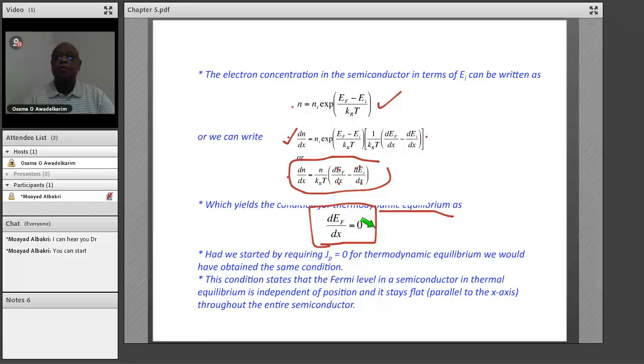In other words, the Fermi level in a semiconductor in equilibrium stays flat, completely horizontal, parallel to the x-axis, as long as the semiconductor is in equilibrium.